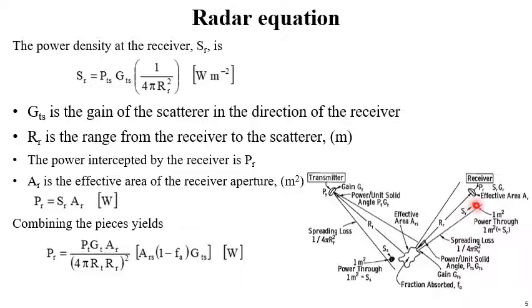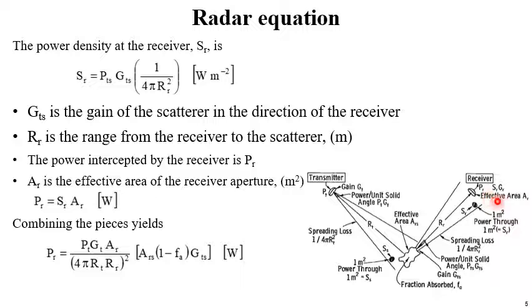So the power density at the receiver can be written as PTS GTS, this is the amount of power going towards the receiver, divided by the spreading loss. So this is SR, power per unit area at the receiver side.